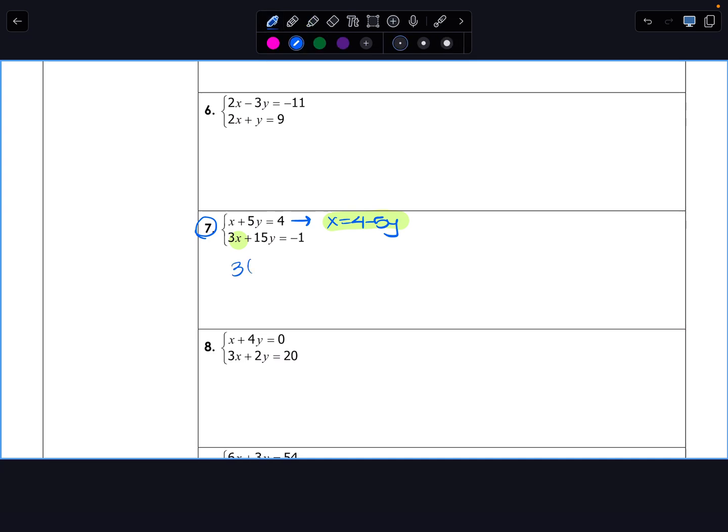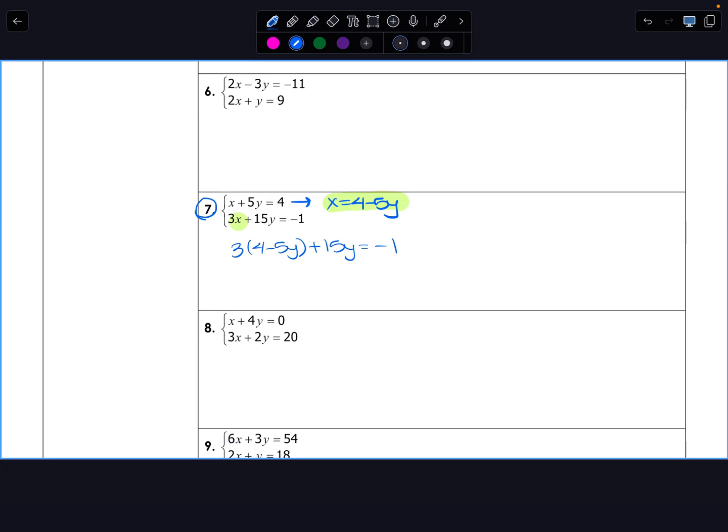So I get 3 times 4 minus 5y plus 15y is equal to negative 1. And that's the key. I'm not taking that top equation and re-plugging it into itself. I have to take that top equation and plug it into something different. Okay.